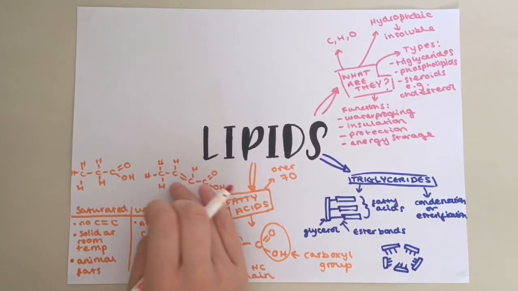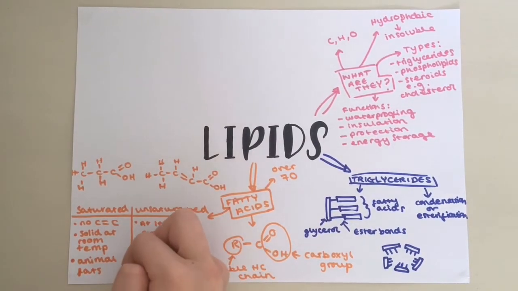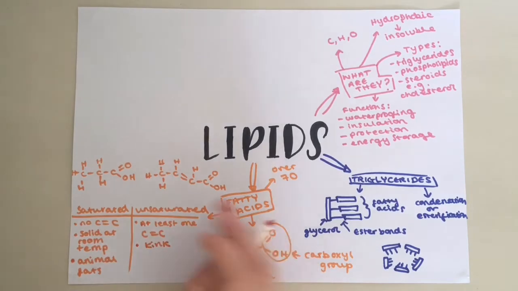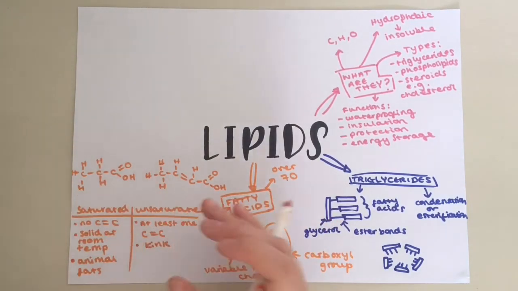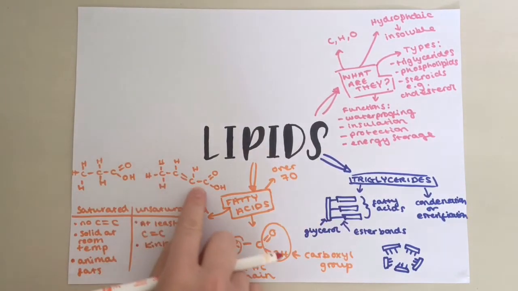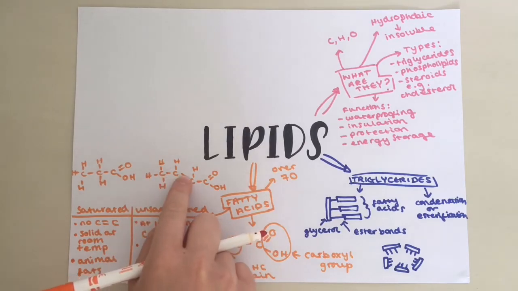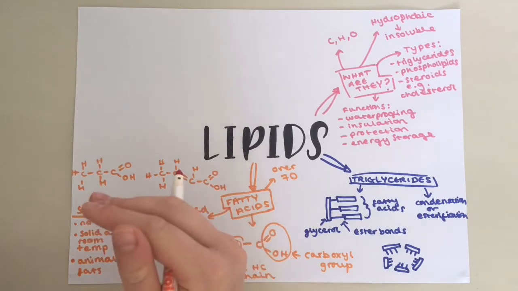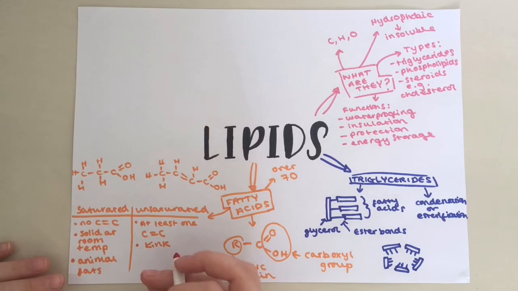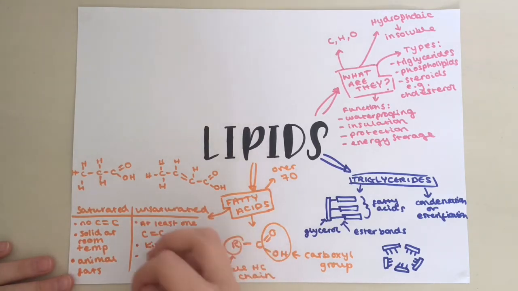Because of the carbon-carbon double bond, there is a kink in the chain. If there were multiple carbon-carbon double bonds, there would be multiple kinks. And this means that the chain is not as straight. Therefore, the fatty acids cannot pack as tightly together. This means that unsaturated fatty acids are liquid at room temperature, usually, and they are found in plants.